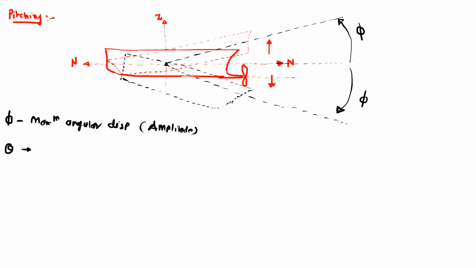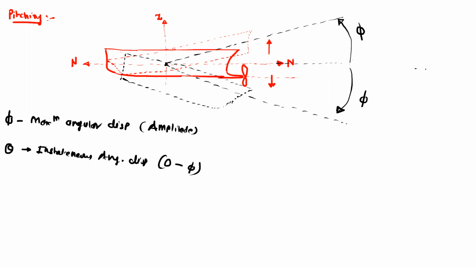At any time instant, the angular displacement is taken as theta. So theta is the instantaneous angular displacement. This theta will vary from 0 up to phi. So the maximum value will be phi and the minimum will be 0. You can take any angle in between 0 and phi, so it will become theta.